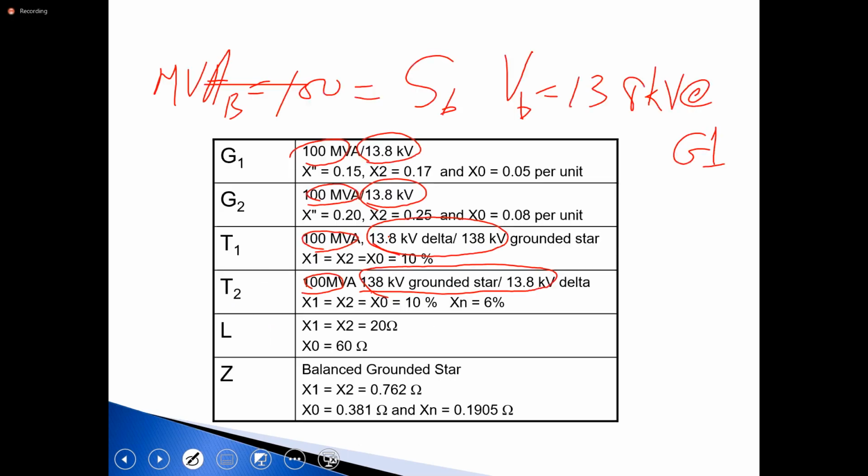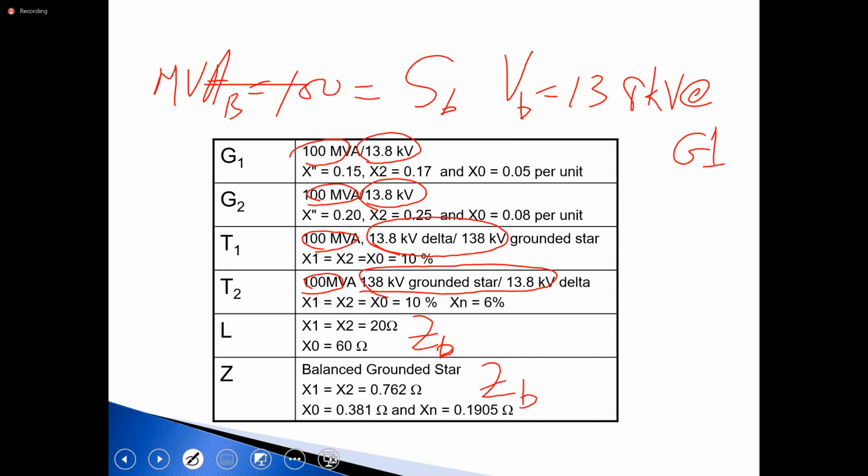As I said, although drawing a network is important, it's good that you look at your data and make sure that you identify what needs to be converted. It means, therefore, that for your line you will have to find Z base, and similarly for your load you'll also need Z base.